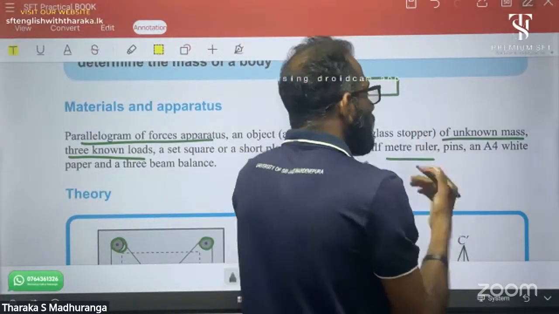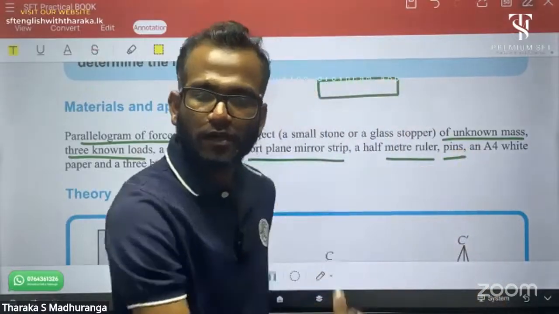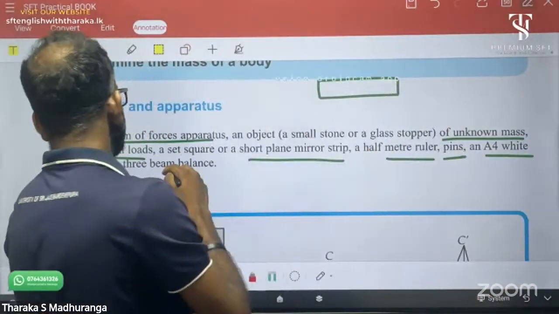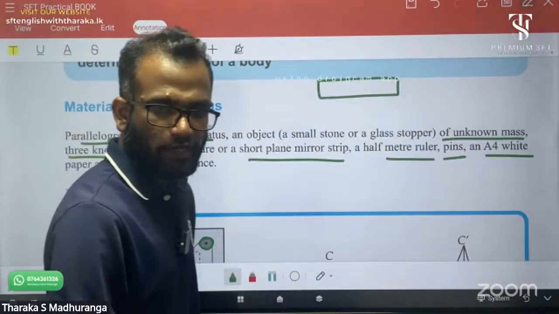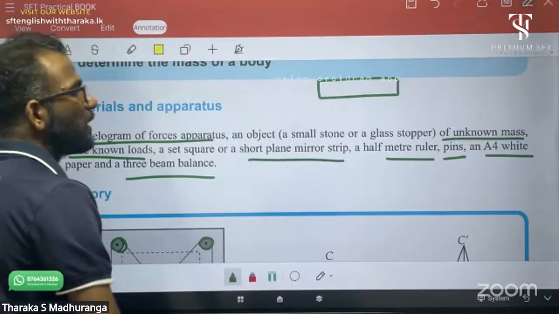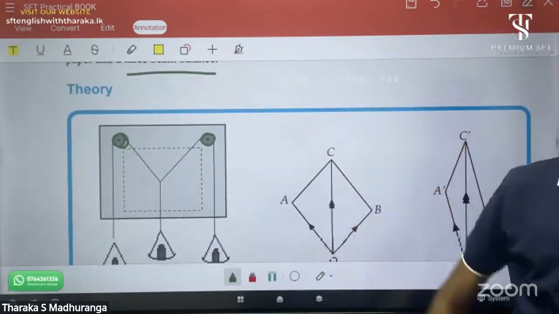A meter ruler or half meter ruler is required, and drawing pins, and A4 paper, or A3 paper is also okay. A triple beam balance is required to measure the known masses.